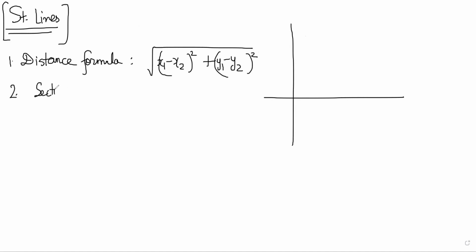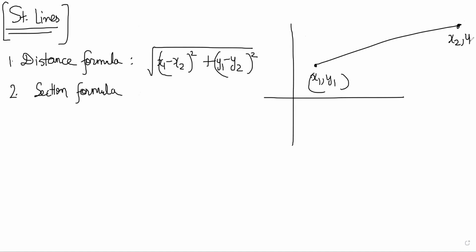Section formula between any 2 points. Basically, I'm trying to find another point which divides 2 points in a particular ratio. Oh, you mean midpoint formula? No, section formula doesn't have to be midpoint. It has to be any section. Like it could be 1:3 ratio.